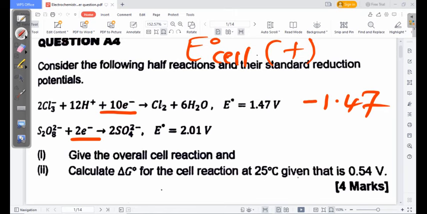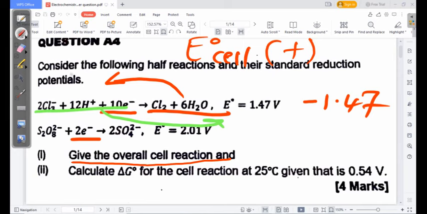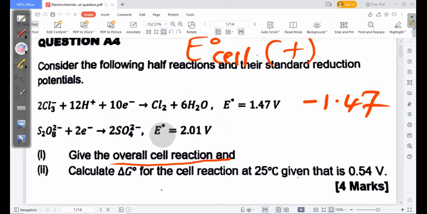So in this case, we're going to reverse our first reaction as we've been guided. Now, the question says give the overall cell reaction. So if we reverse, these are going to be on the left, and then this group will be on the right hand side. So we know what are reactants and what are products. To write the overall cell reaction, we need to balance first of all the number of electrons. Look at the number of electrons that we have in the second reaction.